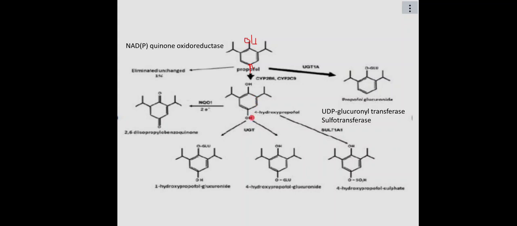So 1, 2, 3, 4, 4-hydroxy propofol. It can undergo glucuronic conjugation, as you can see here, at the new point, giving the glucuronide of 4-hydroxy propofol.